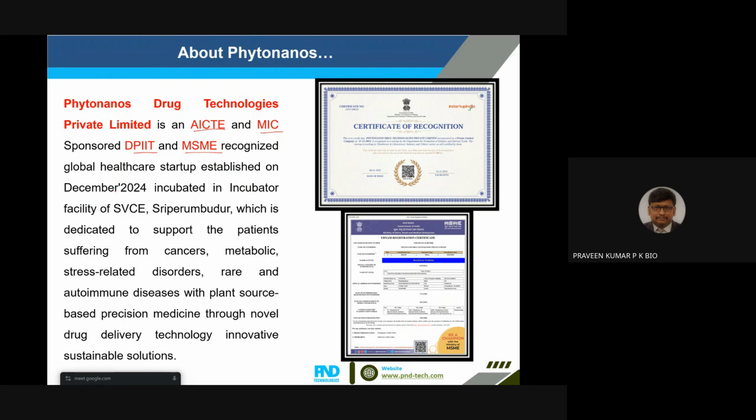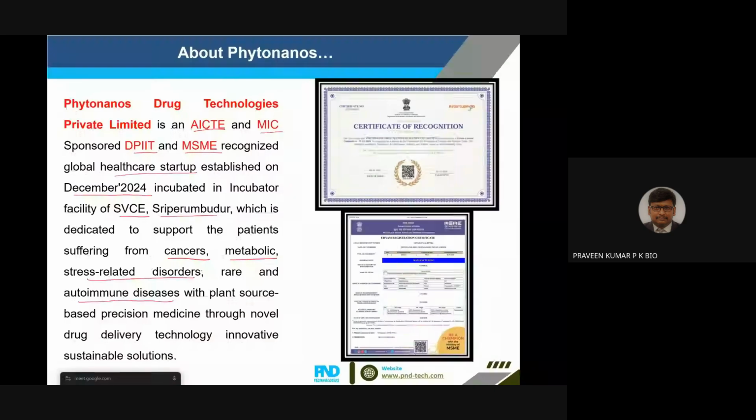This is a healthcare startup established in December 2024, incubated in SVC, Sri Venkateshwara College of Engineering, Sriperumbudur. We are dedicated to supporting patients suffering from almost all diseases, especially cancers, metabolic, and stress-related disorders. These are the types of diseases my PhD scholars are working on at present, and previously I worked on autoimmune diseases and also rare diseases.